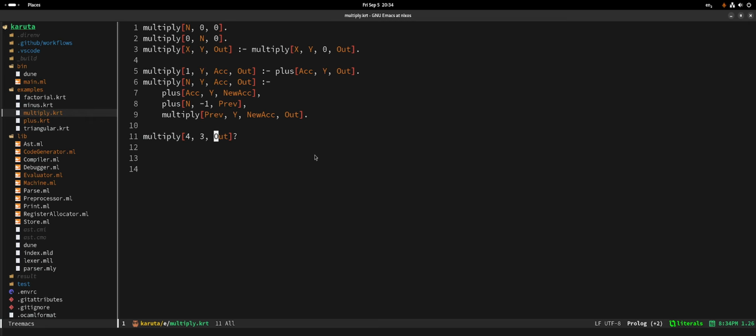This must mean that unification is wrong, right? Because the only cases that we have are these cases with zeros, right? Yeah.